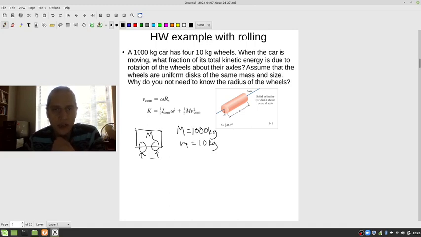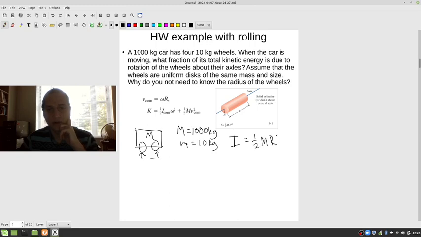Okay, so the reason why it's important to know what the geometry is that different geometries where you have more of the mass that's spread out have different rotational inertias. In our case, for this uniform disk, you would either calculate or look up that I equals 1/2 mr squared.